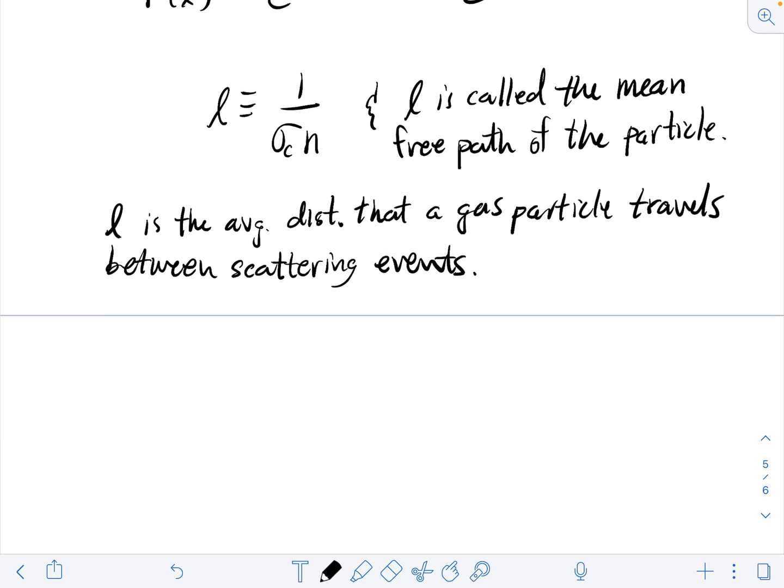So the mean free path goes down as the number density goes up, and that makes sense because as you increase n, there's just more particles to scatter off of.